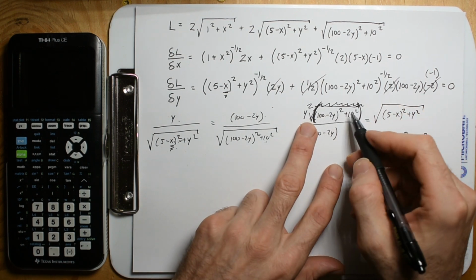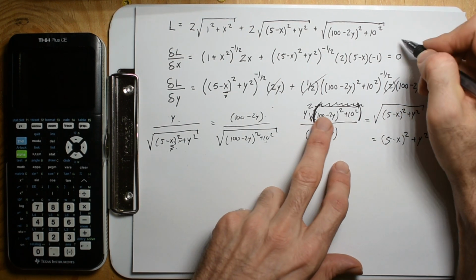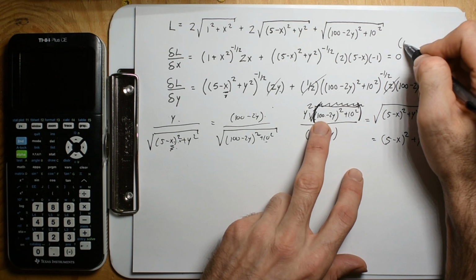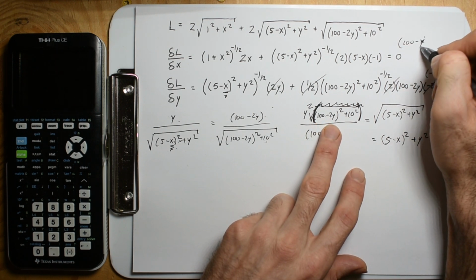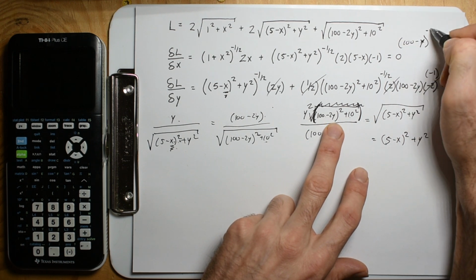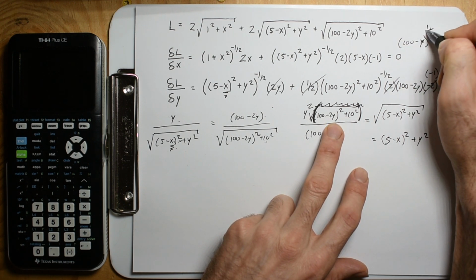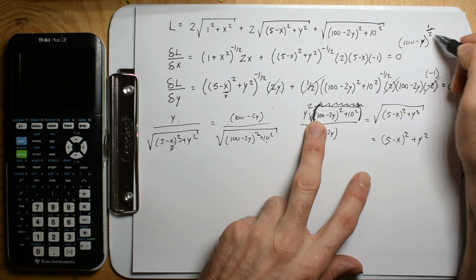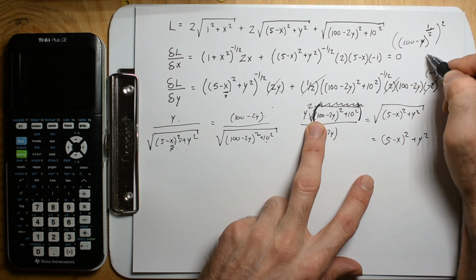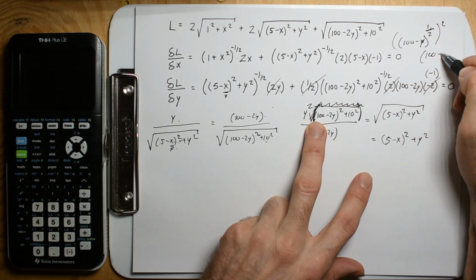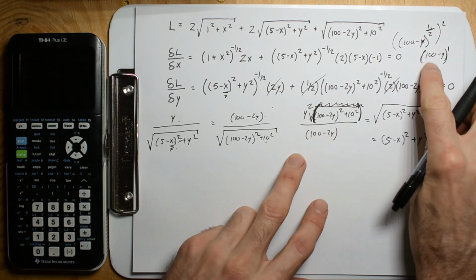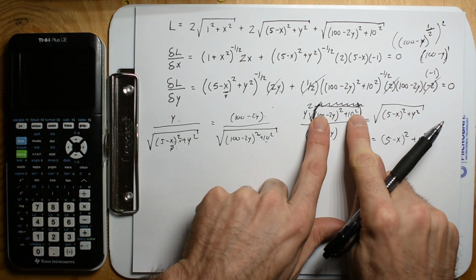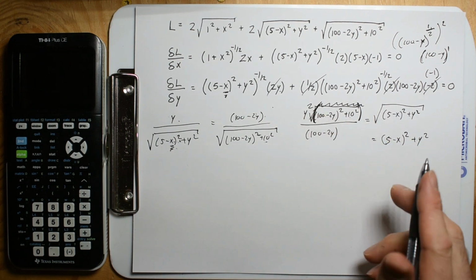Because that's the same thing as saying this term, let's say it's 100 minus y, and then we have, this is to the 1/2 power, that's the same thing as square root, and then we square it. We still have this same bracket here, 100 minus y to the 1 power, but it still becomes a product. This multiplied by y squared, so don't mess that up.